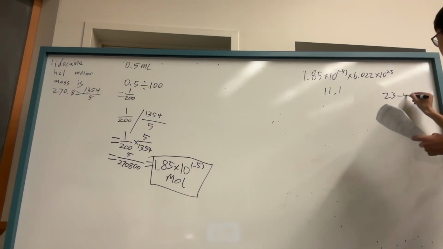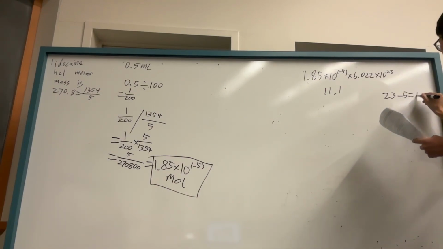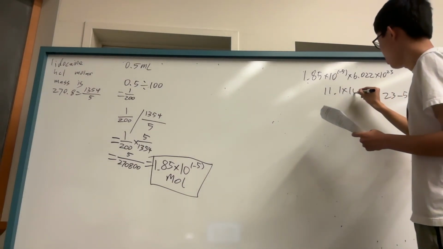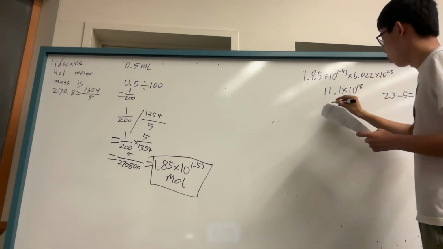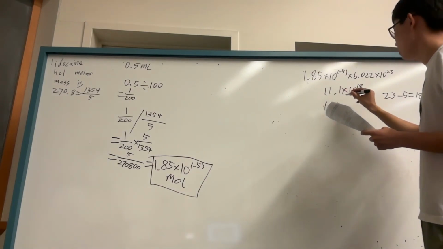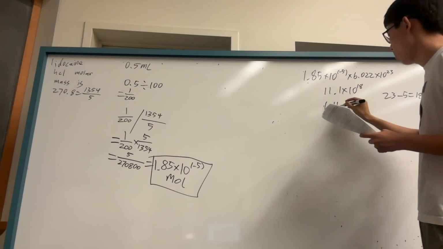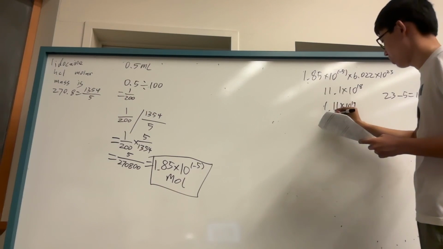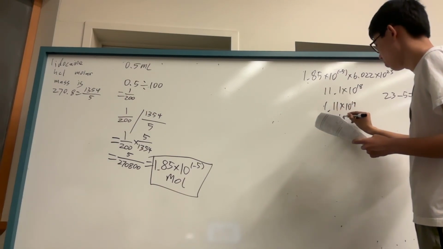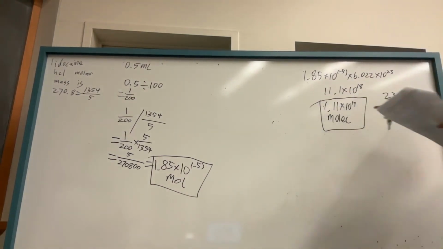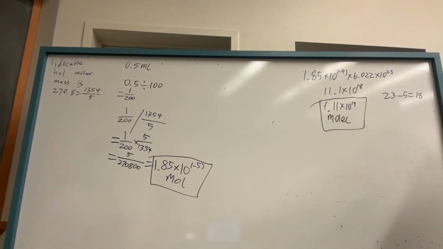So this is 11.1 times 10 to the 18 power, or 1.11 times 10 to the 19 power in scientific notation. Molecules. So they're giving this many molecules to the child in the question.